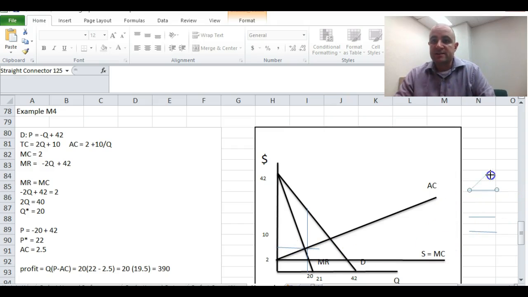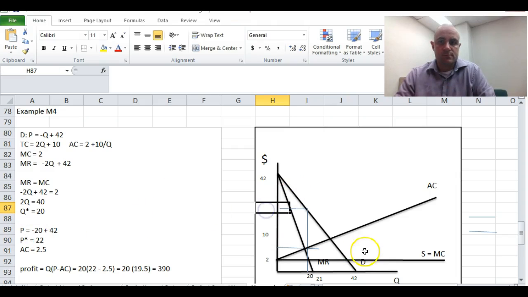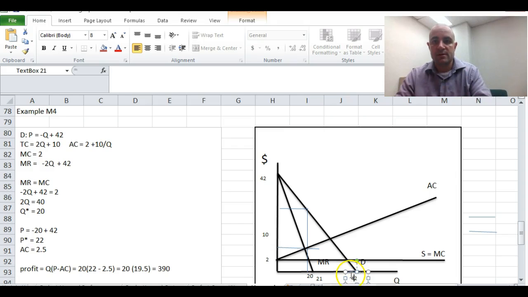And then to find the price, at the quantity of 20, you go up to where it hits your demand equation. And we found that to be 22. And so we'll put that in there. And we found the average cost to be 2.5.